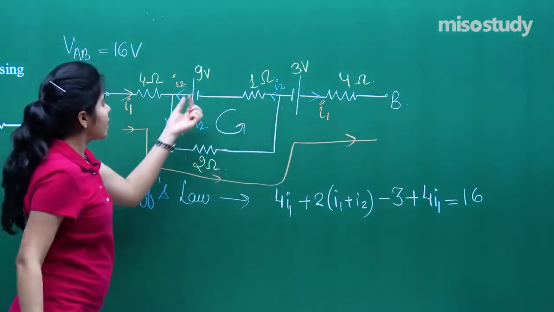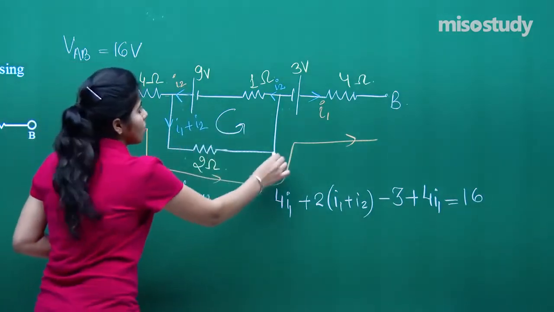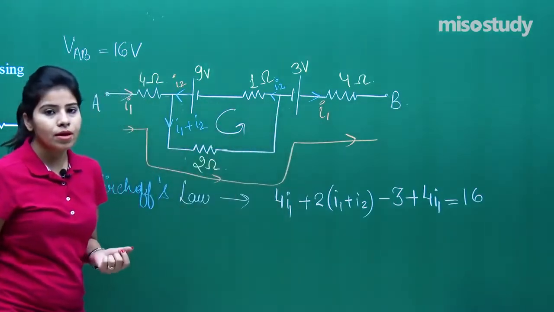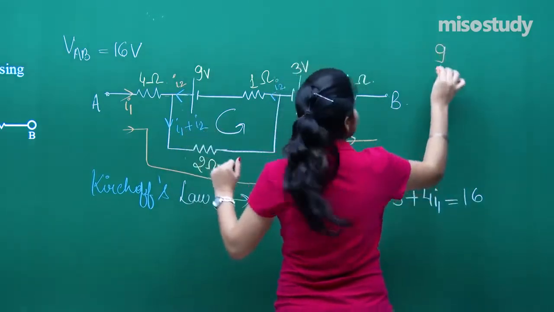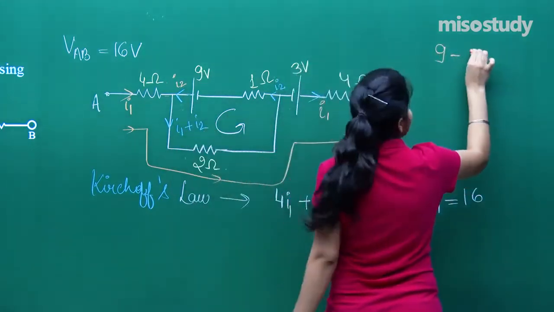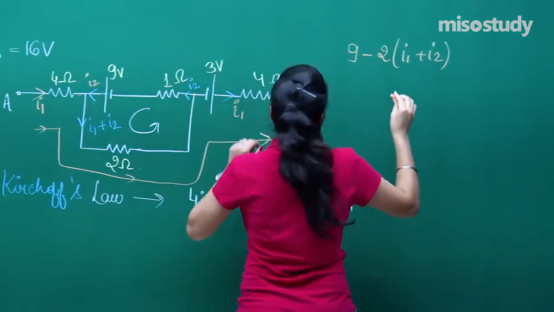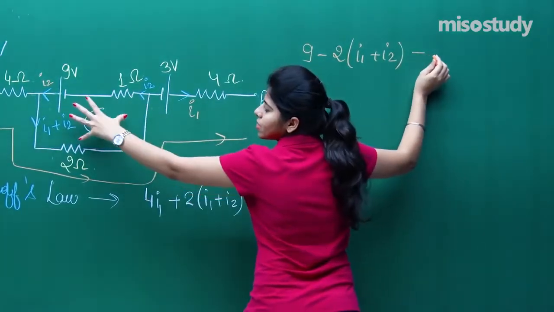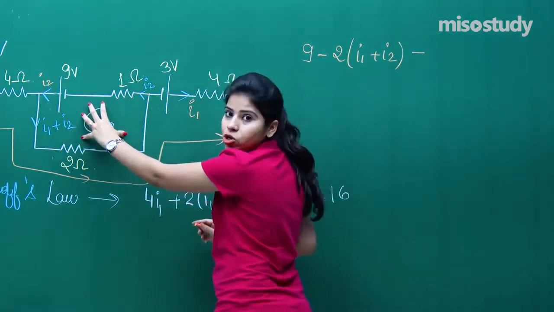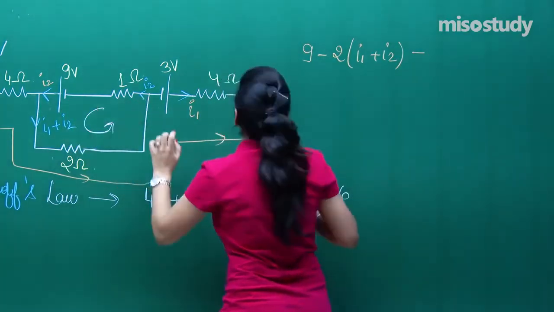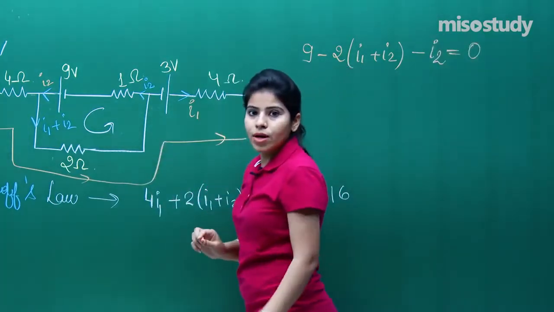The equation will be 9 minus 2 into I1 plus I2, minus I2, that means 1 into I2, because I am applying the KVL in this particular loop. So minus I2, this will be equal to 0, right?